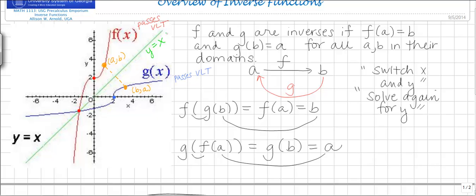So you want to start with a function and end up with an inverse that is also a function. And when you swap x and y, you end up with symmetry about y equals x.